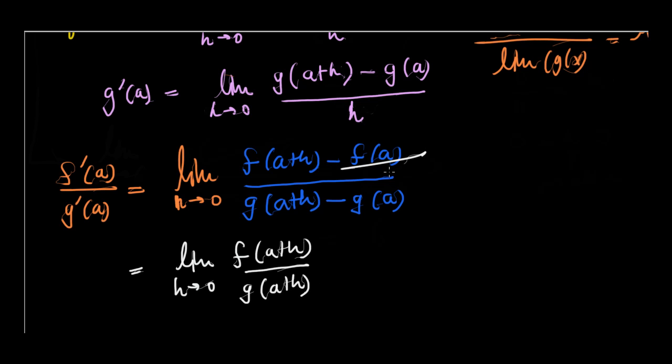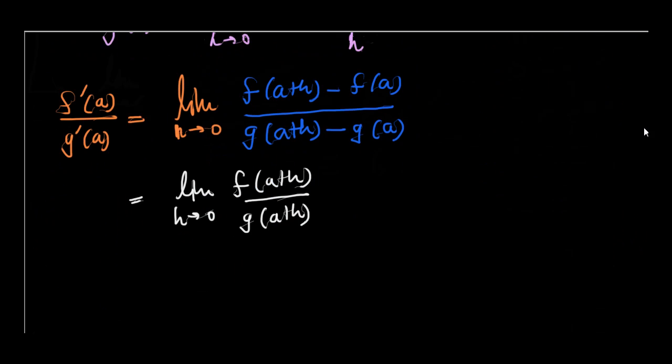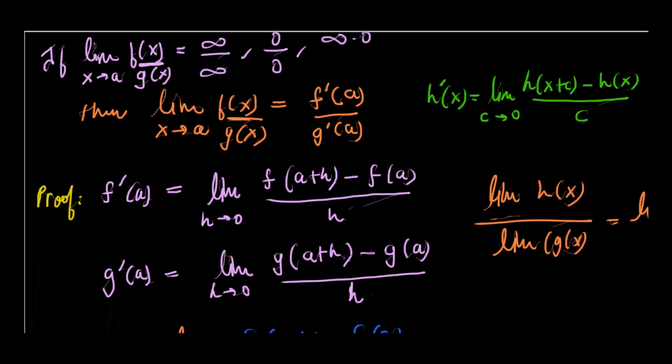Because I assume that these two are 0, that will create this kind of infinity by infinity and 0 by 0 form. So now as h approaches 0, this is just equal to f of a divided by g of a, right? Because h is 0, so this is just f of a, and this is g of a.